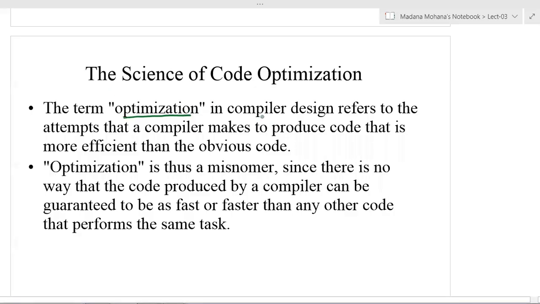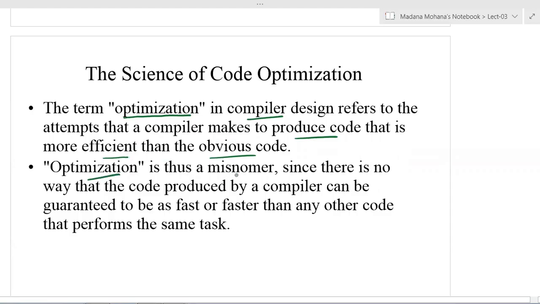Here the term optimization in compiler design refers to attempts that a compiler makes to produce code that is more efficient than the obvious code. That means after reducing or minimizing the code, the optimized code is more efficient by default than the original code.